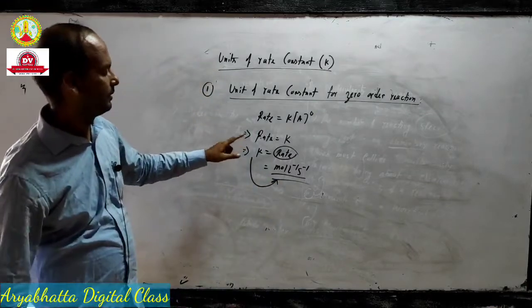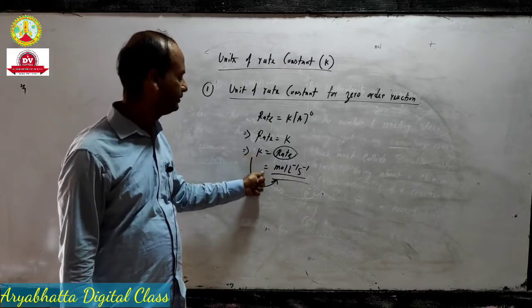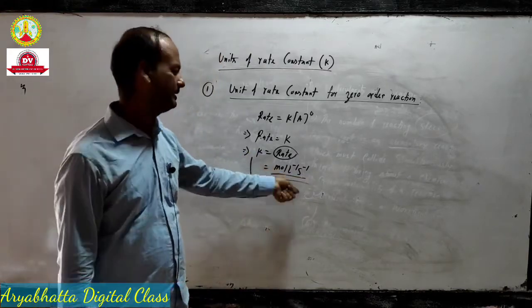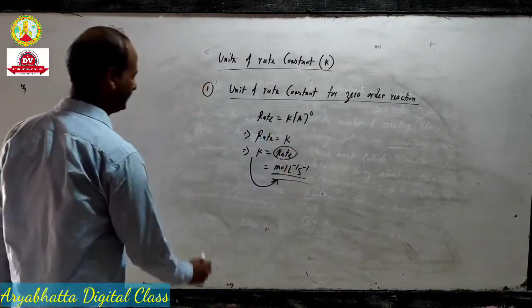What is the unit of rate constant for zero order reaction? Zero order reaction का K का unit कितना होगा? Mol L inverse second inverse. And this unit is similar to the unit of rate. Rate का जो unit है वही हो जाता है for zero order reaction. Means we can write like this.